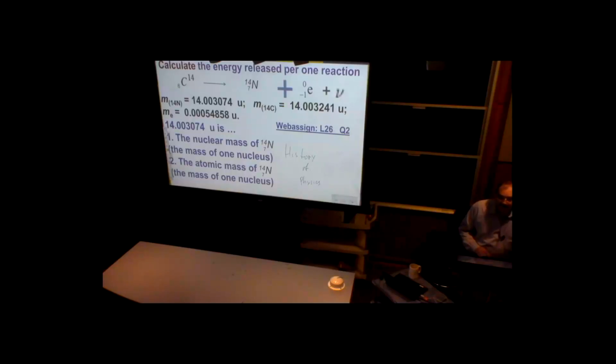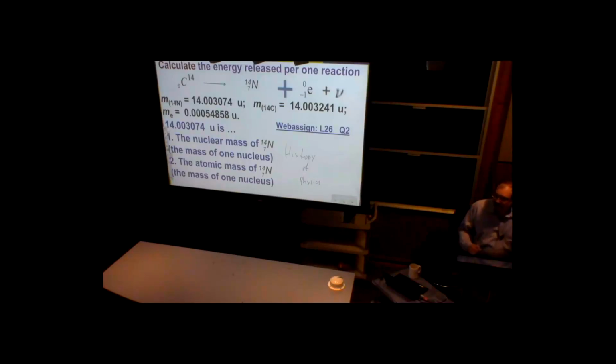Chemists and physicists together have spent decades measuring atomic masses of all known isotopes. So what did they measure? Atomic masses. They tabulated atomic masses.